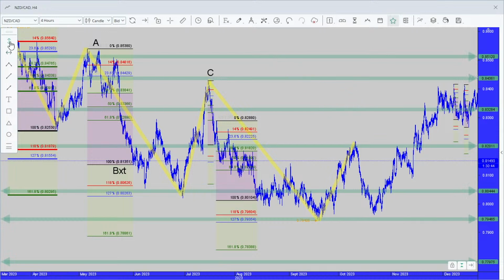And vertical line, the 4 hour chart was in a retracement. This was 21st of November.